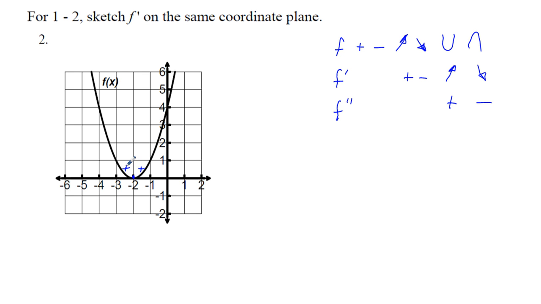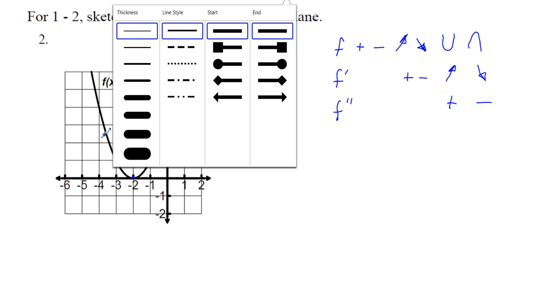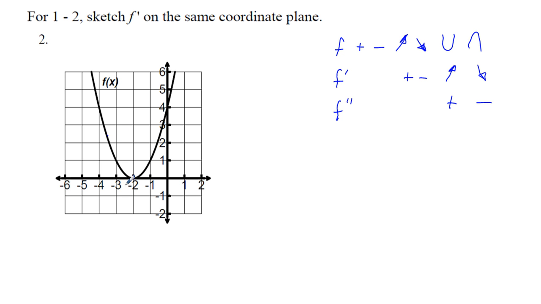Oops. Actually, that's going to be minus because we are going down. Let me get that right. We're going to be decreasing over this interval. So this will go minus here and then plus over here. And it looks like we might have an inflection point also where we change from increasing to decreasing.